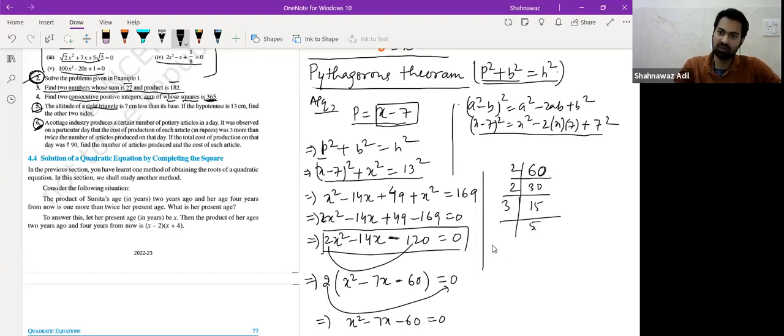So now tell me what would be the combinations: 2 into 2 into 3 into 5, and 4 into 15. So can we get minus 7 from this?